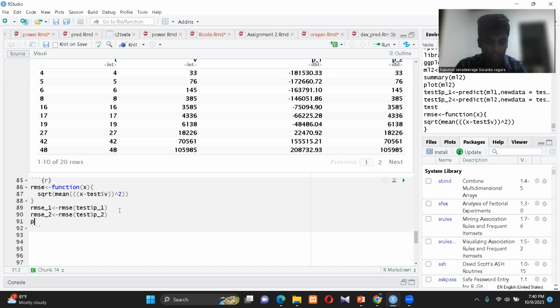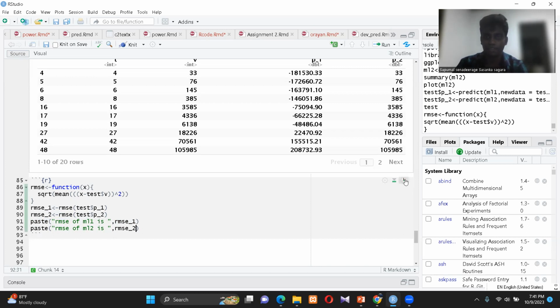Now let's paste: RMSE of ML1 is RMSE underscore 1, and ML2 is RMSE underscore 2.